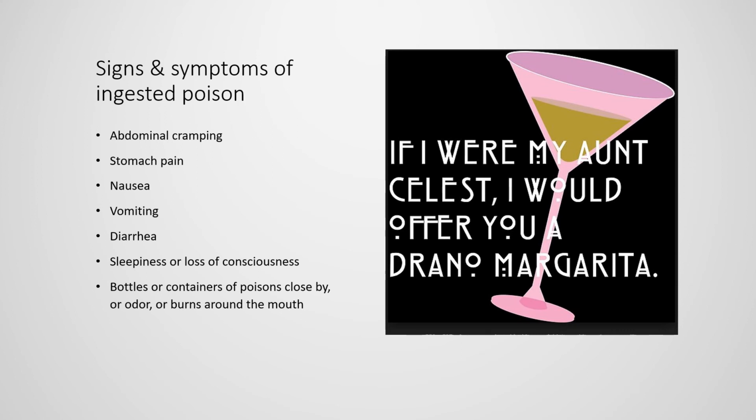So signs and symptoms of ingested poisoning. This is pretty straightforward. If you put a poison into your stomach or an overdose of a drug, typically the stomach will respond by saying, this is toxic to me, I'm going to try and get rid of it. So the first thing it'll do is vomiting, right? Abdominal pain, possibly cramping, vomiting, and then it'll try and flush it out the other end with diarrhea.